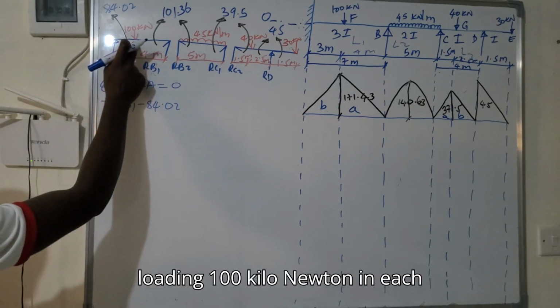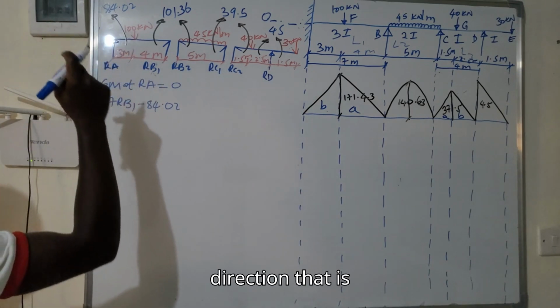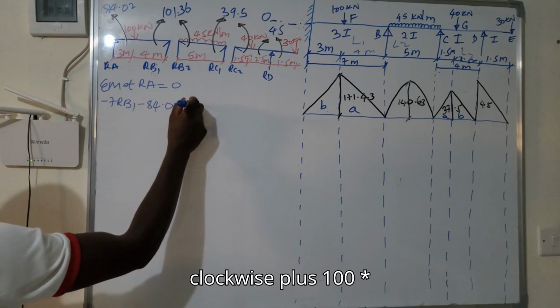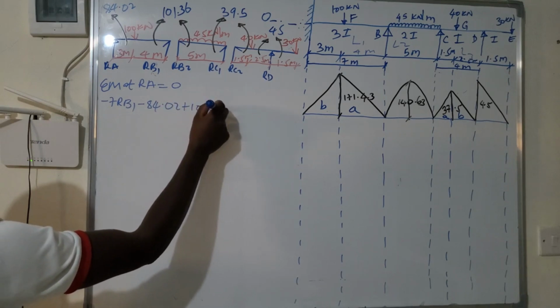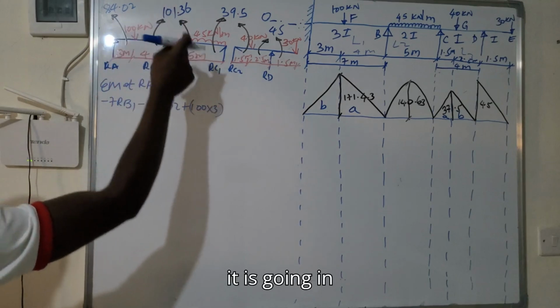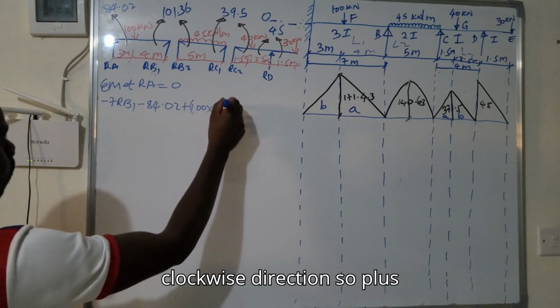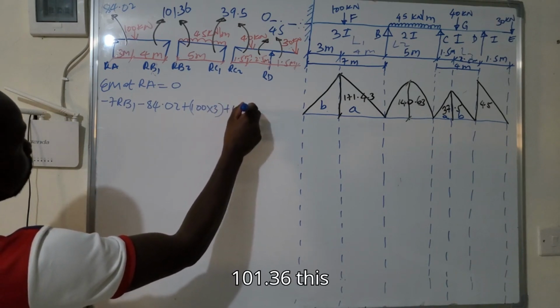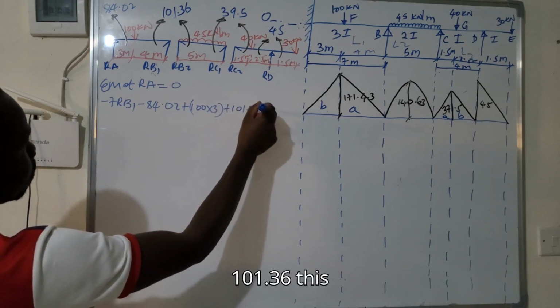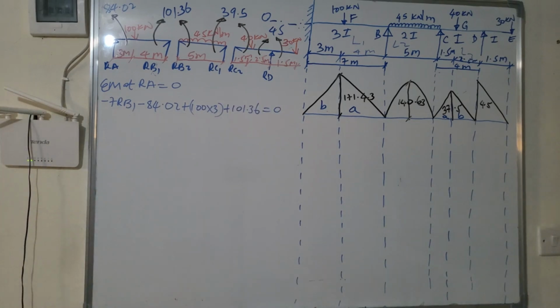And then you come to this loading, 100 kilonewton in each direction, that is clockwise, plus 100 times 3. And then you come to this moment. It is going in clockwise direction, so plus 101.36. This one should be equal to 0.